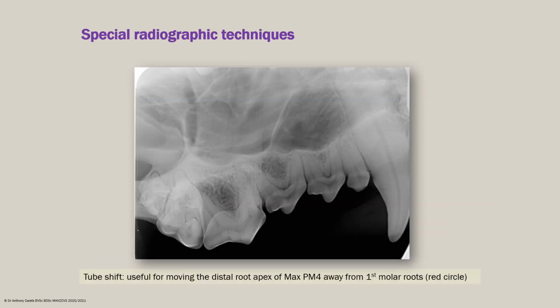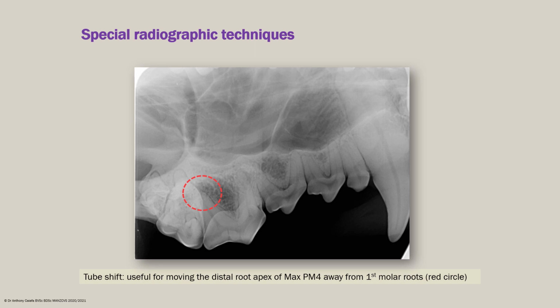Case in point here. Here we have a view of tooth 108, and we have taken a radiograph at right angles to that tooth. And as you can see, the distal root of tooth 108 is superimposed over the maxillary first molar tooth, and we're not really clearly seeing that distal root or distal root apex.